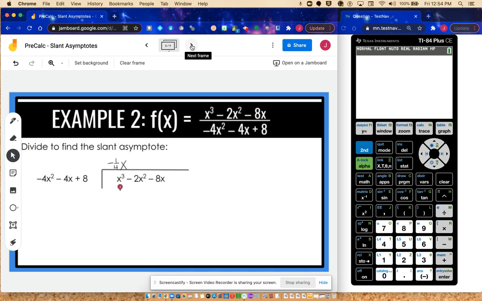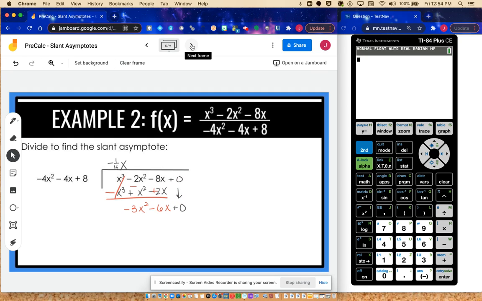So that'll give us x cubed. That will give us a positive x squared. And that'll give us a minus 2x. All right, we'll subtract. So that's going to give us, let's see, negative 3x squared minus 6x. There is nothing to bring down other than technically a plus 0, so we could if we want.